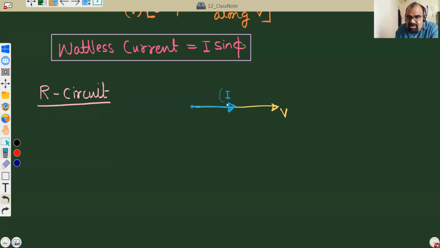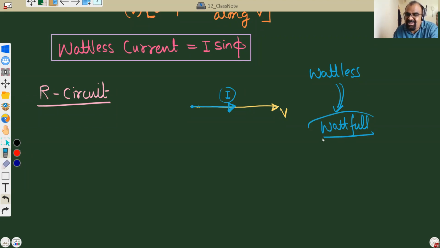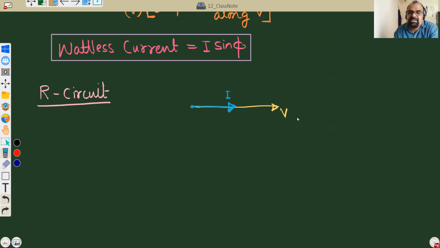Zero. All this current was wattful. What is the opposite word, the antonym of wattless? You can say wattful, even though there is no such word, I have devised this word. Here this current is wattful current because it is along V, so the wattless component is zero.